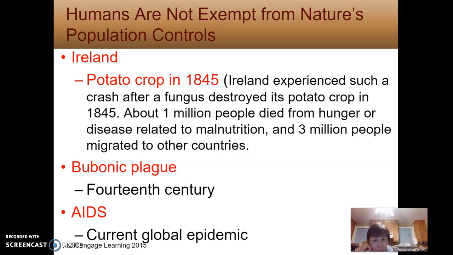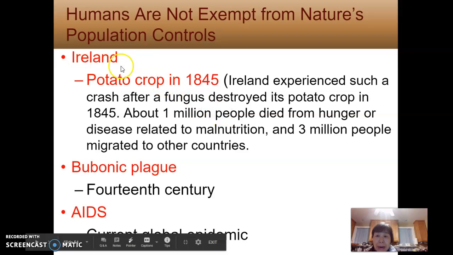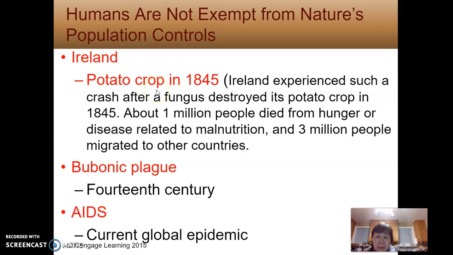And then this one not only happened to other animals, human beings are not the exception, okay? So over history in Ireland, they had a problem with potato. So in 1845, Ireland experienced such a crash after a fungus destroyed its potato crop. And then about 1 million people died from hunger or disease related to malnutrition.